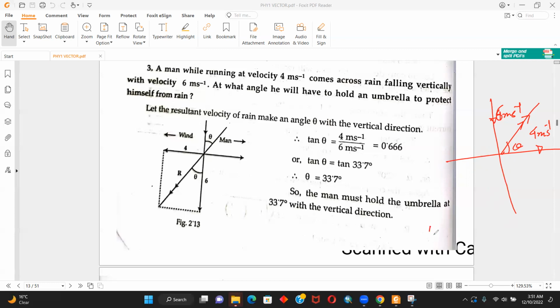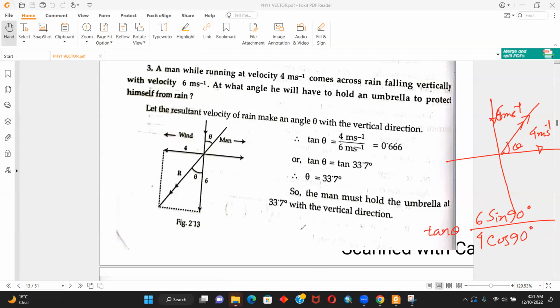So now tell me, tan theta equals to what will be here in the bottom left corner? Tell me. 6? No, again you are making a mistake. It's 4. Okay, 4, and then here we have 6 sine alpha, which is sine 90 degrees, and then it is cosine 90 degrees.